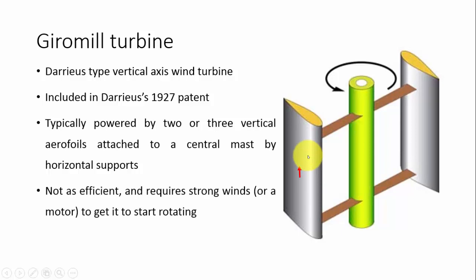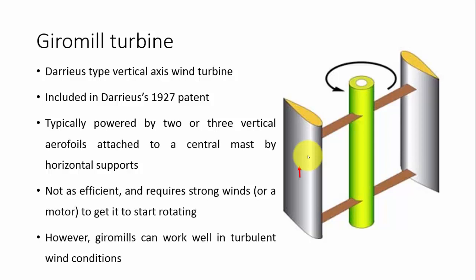These types of turbines are not as efficient as horizontal axis wind turbines. It requires strong winds, and also it requires a starting mechanism. It cannot start on its own. But the very good advantage of this type of giromill turbine is that it can work well in turbulent wind conditions. Turbulent wind conditions means the wind which is irregular.